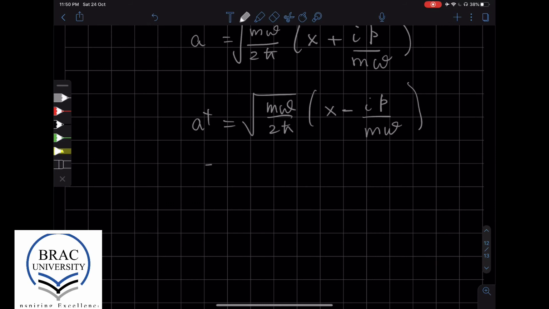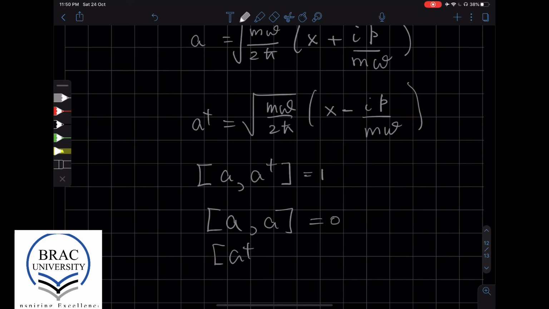became, for the harmonic oscillator, the commutation relationship: the commutator between a and a dagger is 1, as well as the commutator of a with itself is 0, and the commutator of a dagger with itself is also 0.